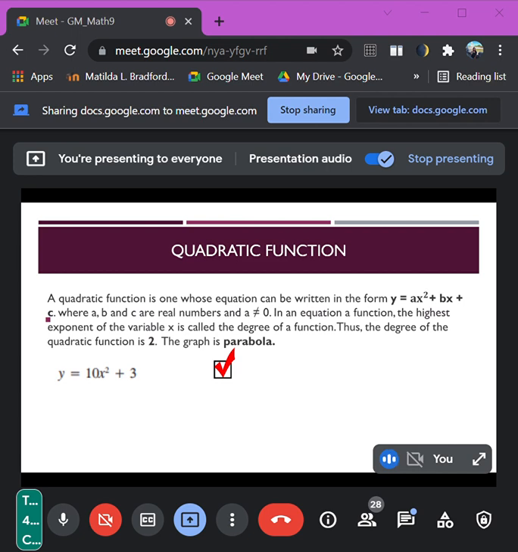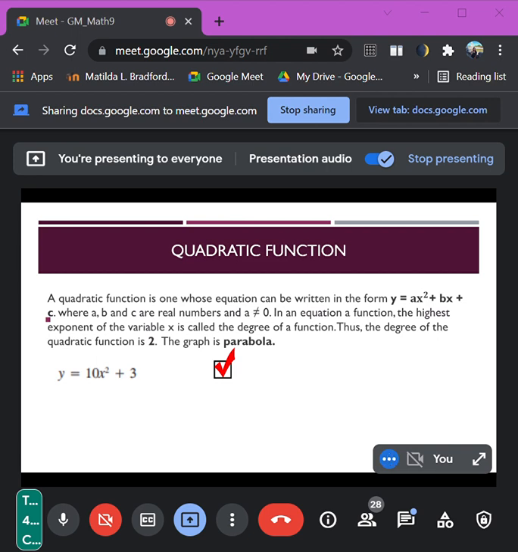Okay, class, understood? Any questions on our first equation? Don't be confused, it's okay that it has no constant or linear term in your given. As long as its highest degree is 2, then that is a quadratic function.